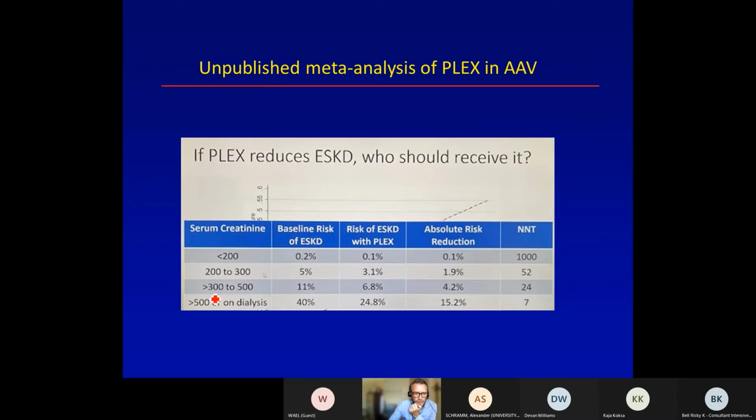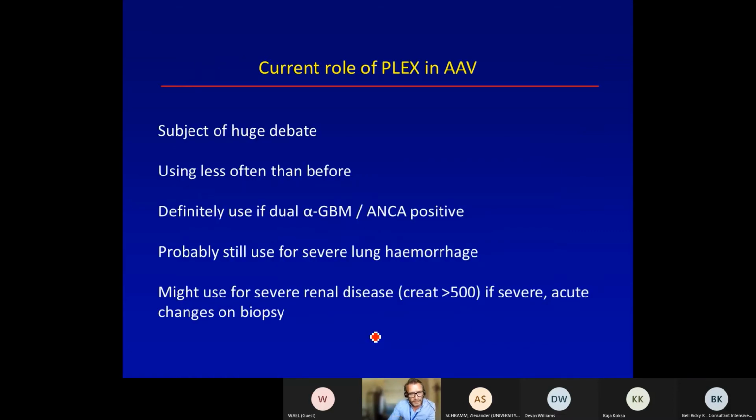So it's been shown in this meta-analysis that if you've got a creatinine more than 500 or you're on dialysis, then your absolute risk reduction of end-stage kidney disease with plasma exchange versus no plasma exchange is 15.2%. That hasn't yet been published, so it hasn't yet entered the public domain, but the role of PLEX is a little bit controversial at the moment.